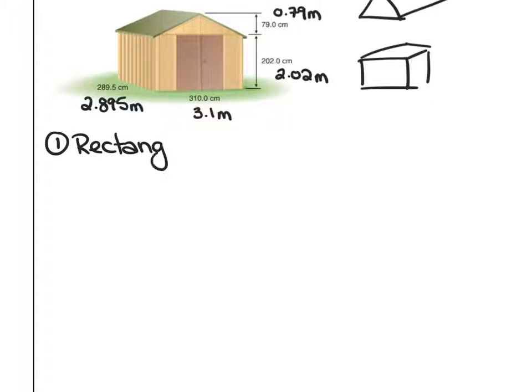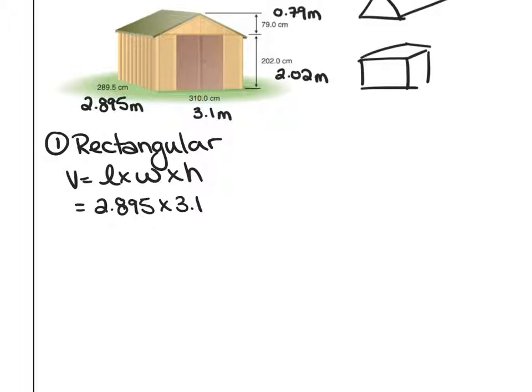And you'll notice from the formula sheet, the volume is length times width times height. So we'll do 2.895 times 3.1 times 2.02. So that's our length, width, and height. And we'll just multiply them.